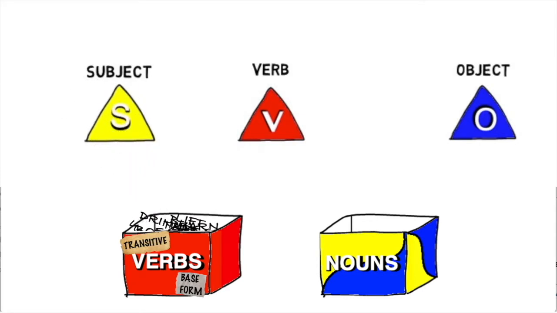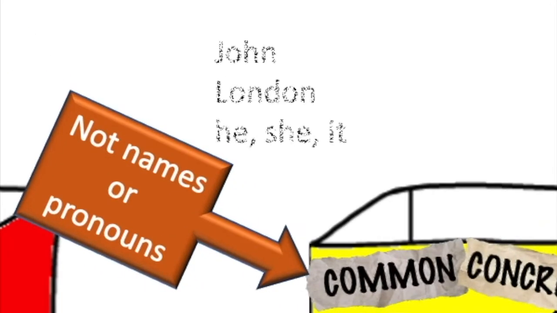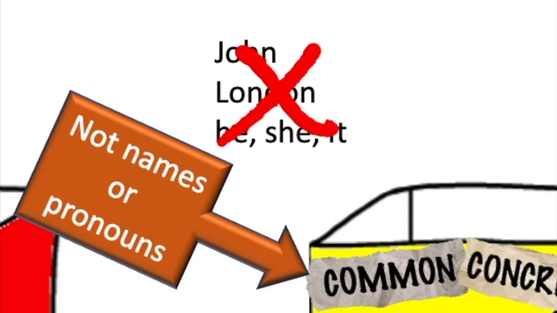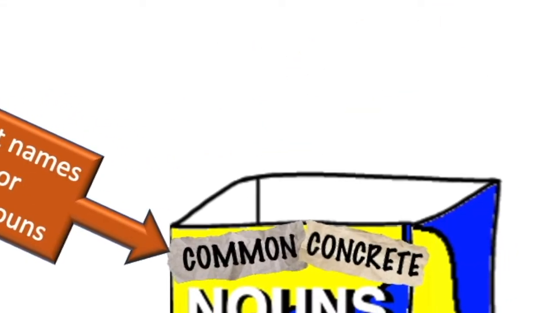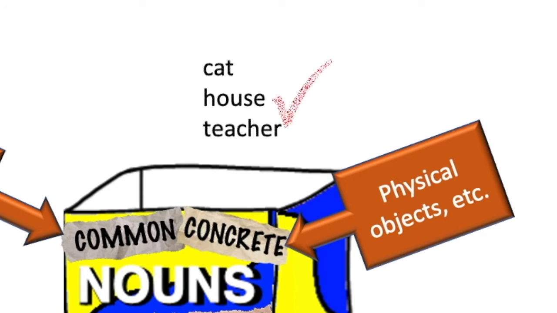And now, the nouns. These will be the subject or the object of the sentence. I'll use common nouns to start with, that is, not names like John or London, and not pronouns like he or she or it. And I'll use concrete nouns, things we can see and touch, animals, humans, and inanimate objects like cat or house or teacher.